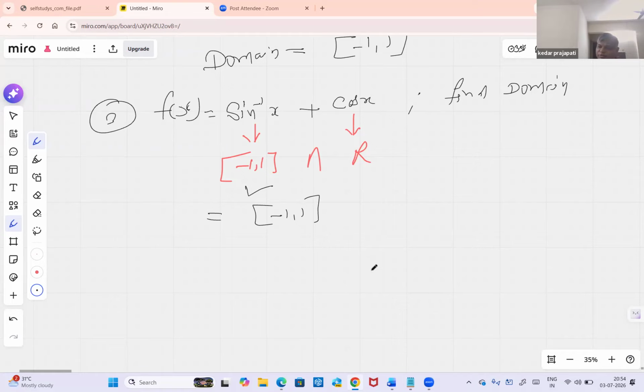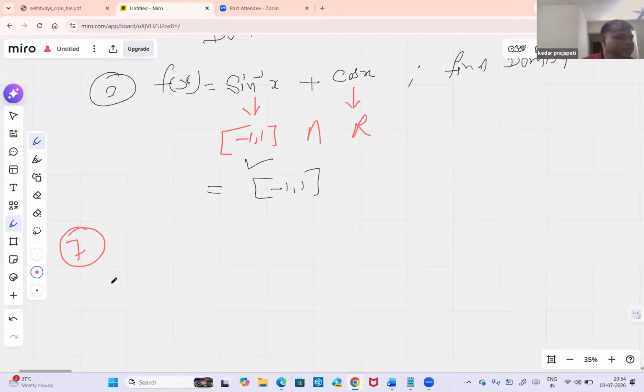Let me see similar questions. Okay. So I think seventh. Find the range of the function.